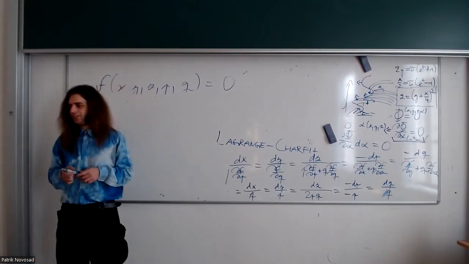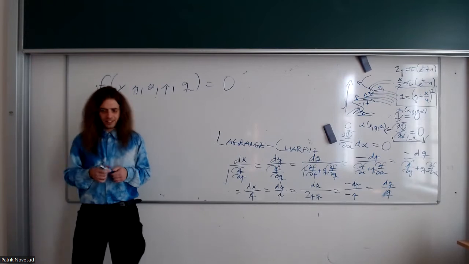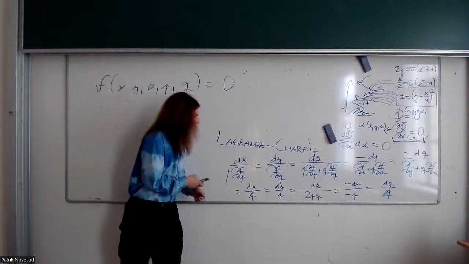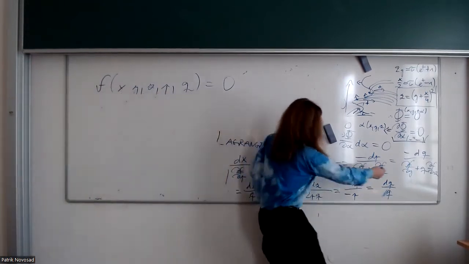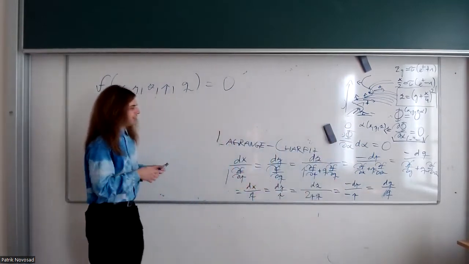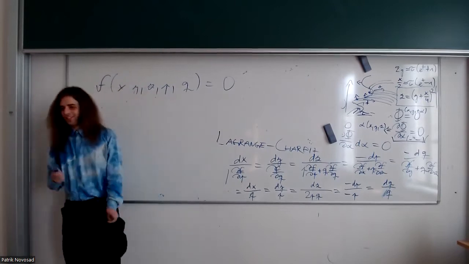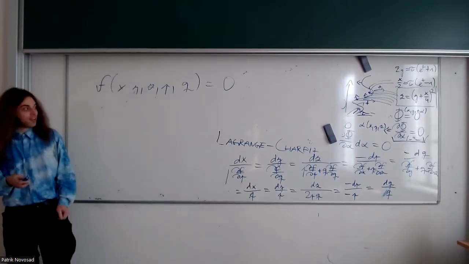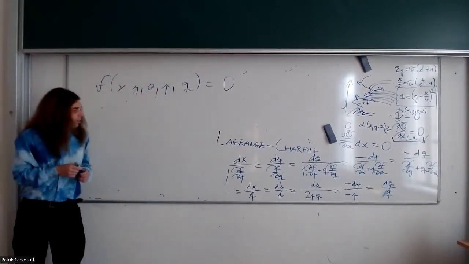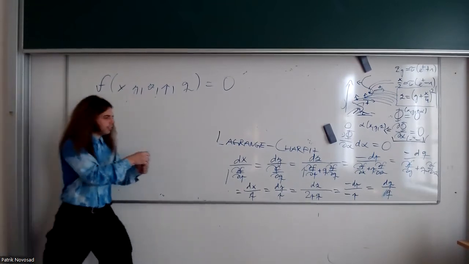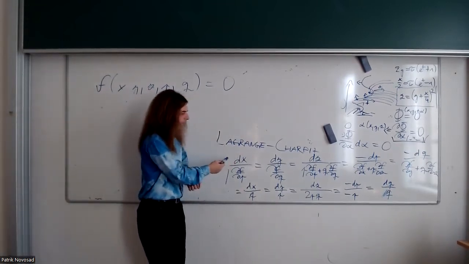But that will not be very practical. There is a shortcut to this, which still uses this set of ODEs. Because it was discovered by the same people, it's called the Lagrange-Charpit method. How it works is very simple.